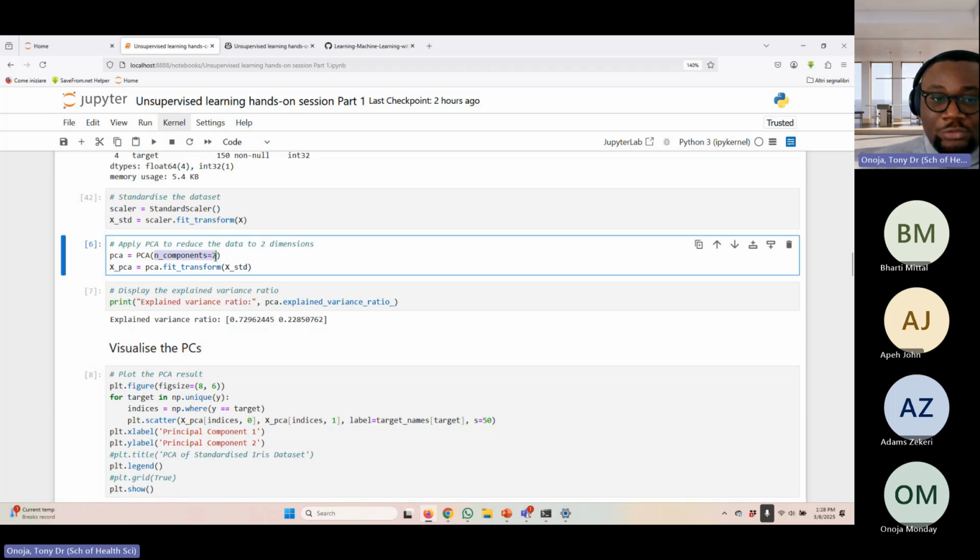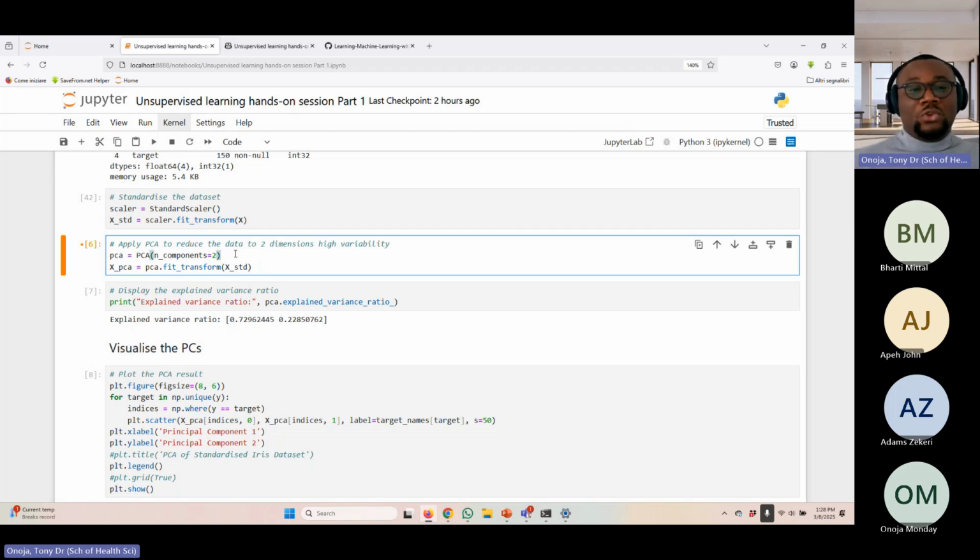Most of the time, the first two dimensions are what you are interested in because these dimensions are likely where you get the high variability. So that's why you see we always indicate 2. But like I said, I've seen a situation where they use 10. But again, it totally depends.